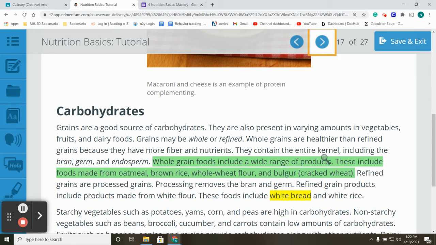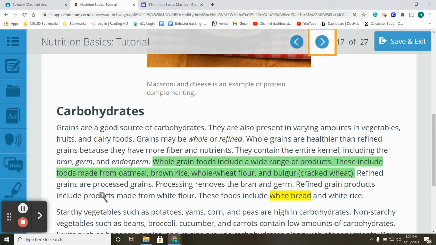They contain the entire kernel, including the bran, germ, and endosperm. Whole grain foods include a wide range of products. These include foods made from oatmeal, brown rice, whole wheat flour, and bulgur, which is cracked wheat.